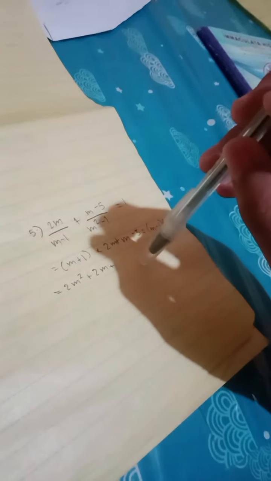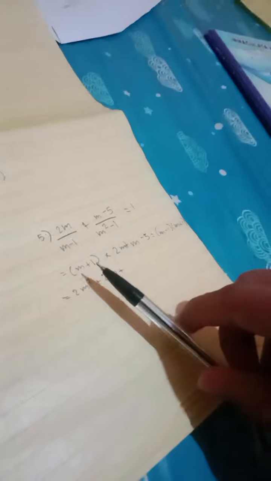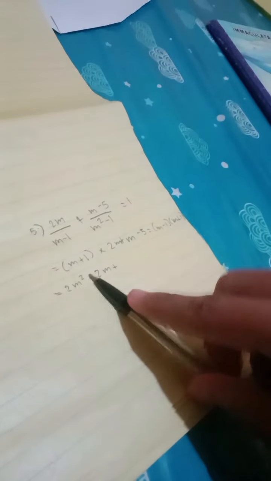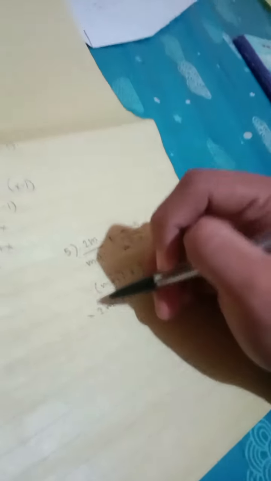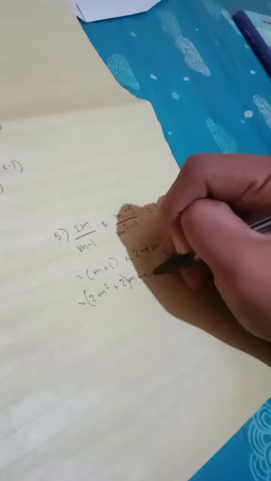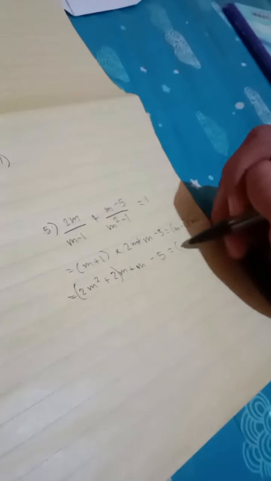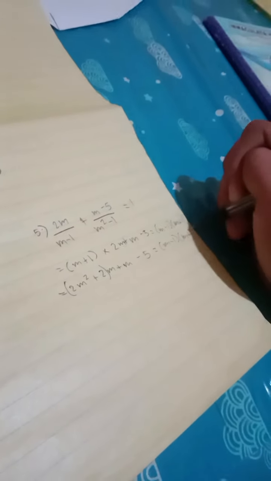Then use the distributive property to multiply. So we forgot to put the m plus m. Copy that. 5 equals 2m negative 1 m positive 1.